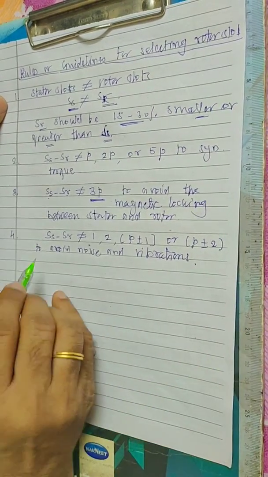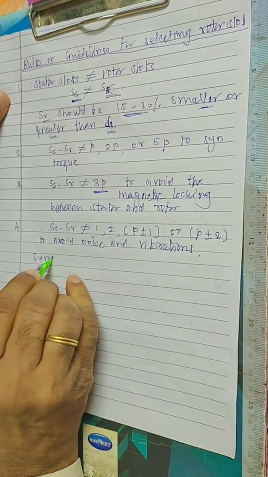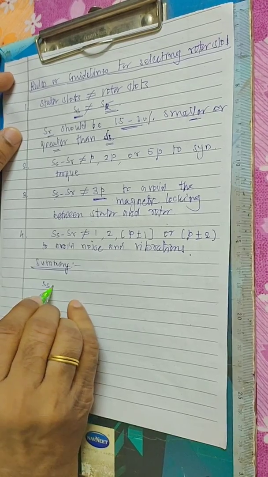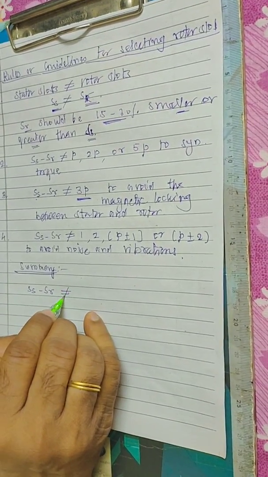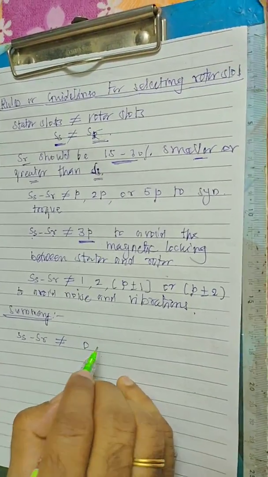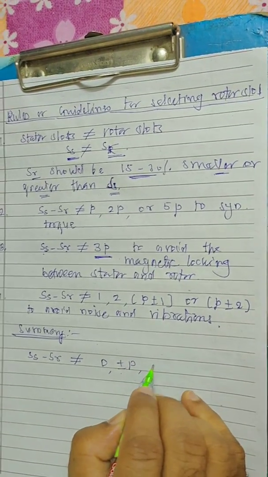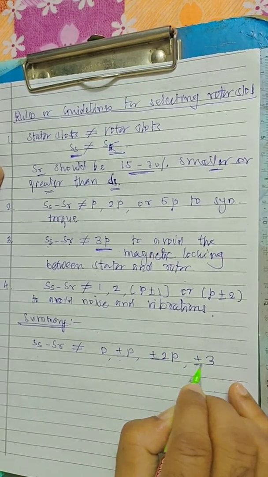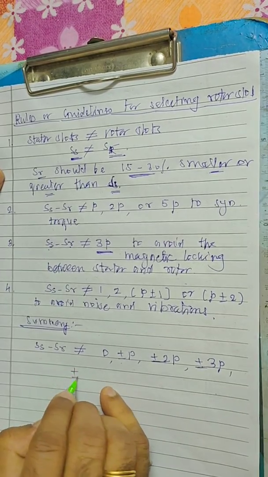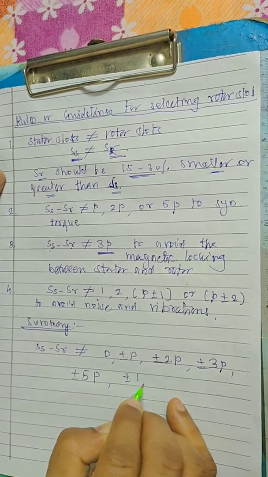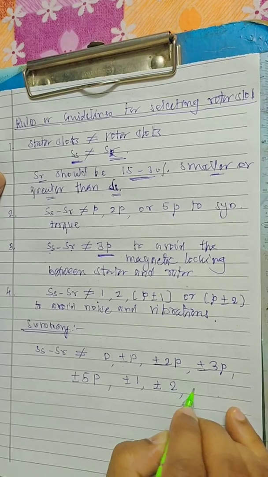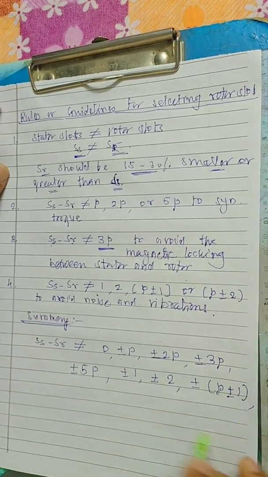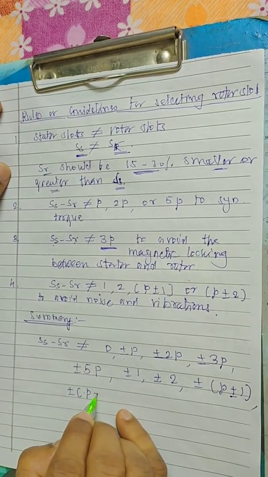Or as a summary of the above guidelines, the difference between stator slots SS and rotor slots SR should not be equal to 0, plus minus P, plus minus 2P, plus minus 3P, plus minus 5P, plus minus 1, plus minus 2, plus minus P plus minus 1, plus minus P plus minus 2.